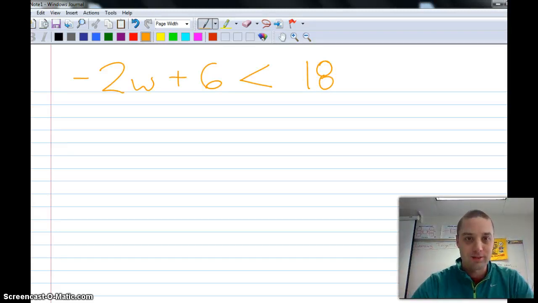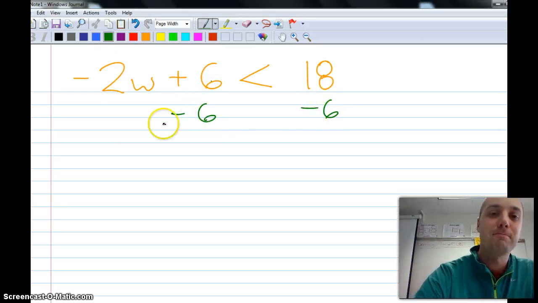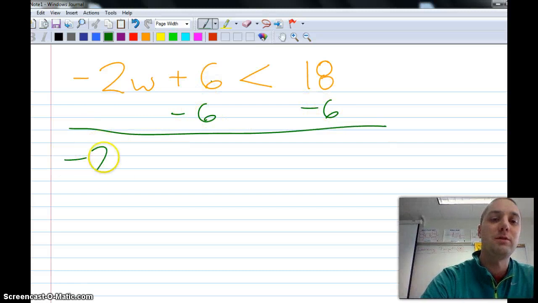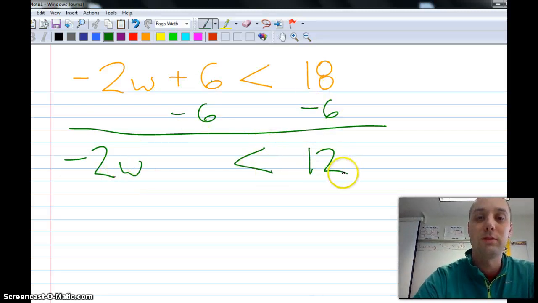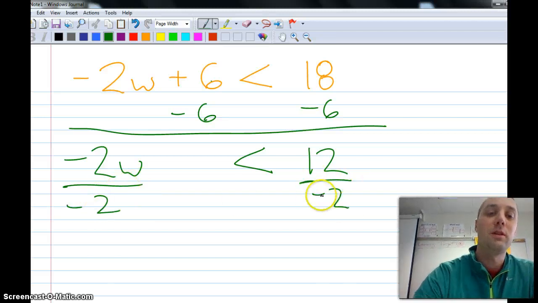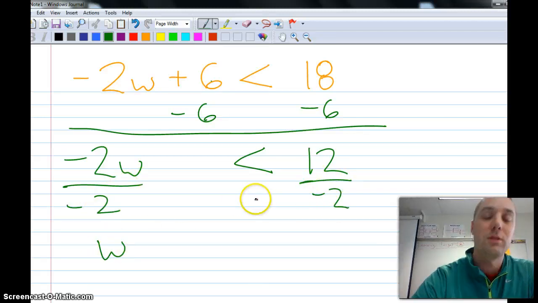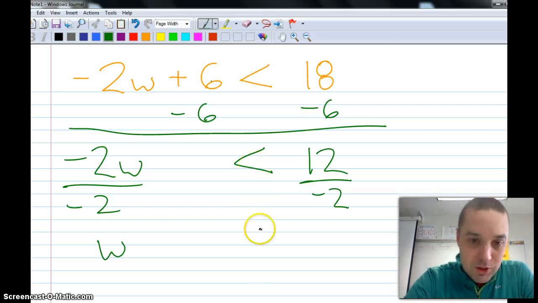Alright, let's see how you did. Hopefully you did a minus 6 as your first step, which gave you negative 2w is less than 12. And then hopefully you divided by negative 2. W. Should we switch the sign? Yes, that's right. We should flip the sign.